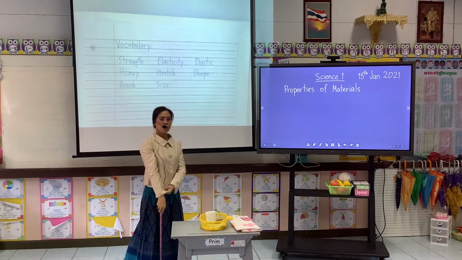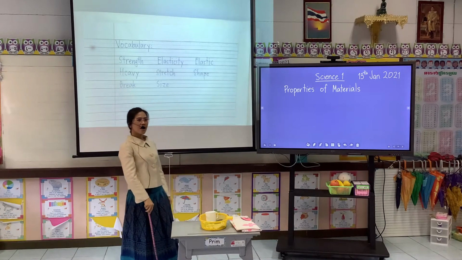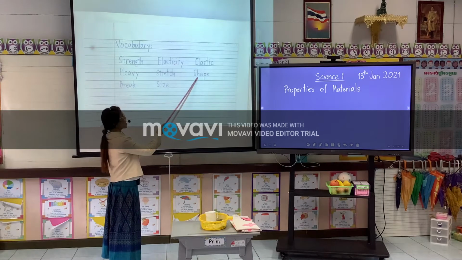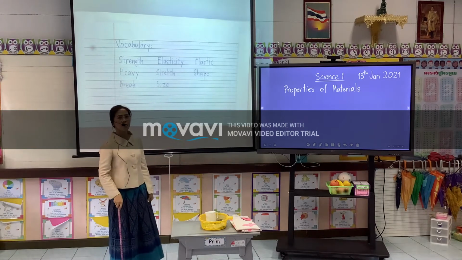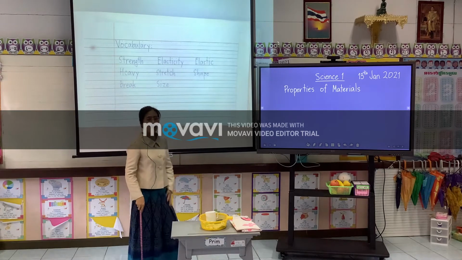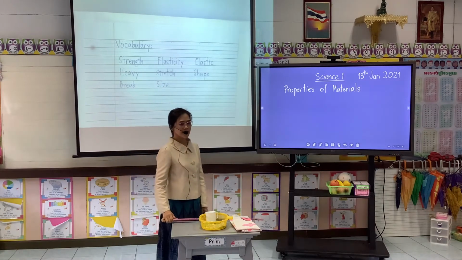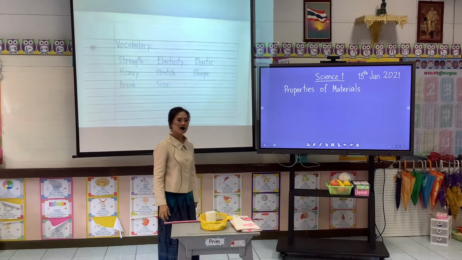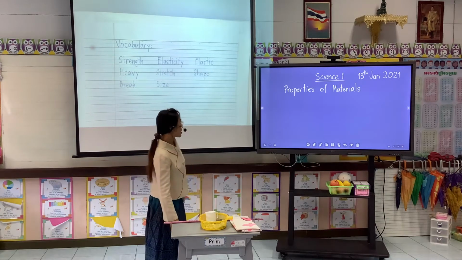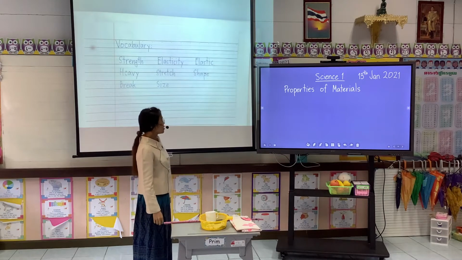The materials around us have different shapes and sizes. Some are big, some are small, and they also have their own shapes, just like circle, rectangle, square, triangle, and many more.